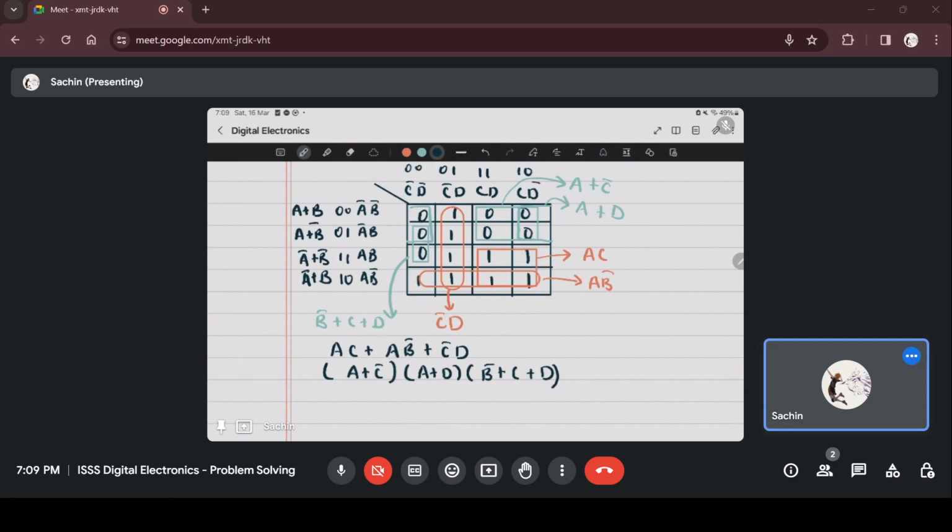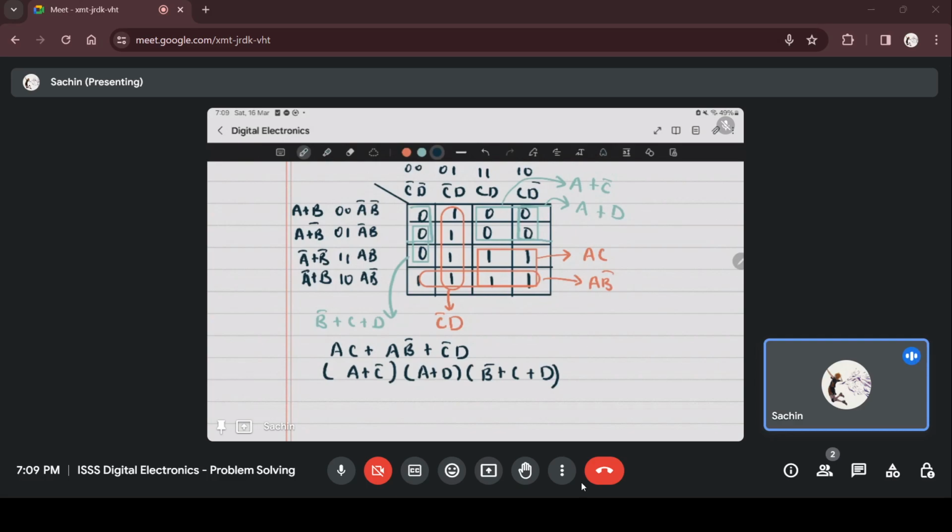So to simplify into a sum of products expression, you group the ones, and to simplify into the product of sums expression, you group the zeros. But you have to also keep track of the term itself. In the sum of products term, when you group the ones, you are forming product terms, so the variables are ANDed together, and a variable is uncomplemented if there is a 1 in that corresponding cell corresponding to that variable.